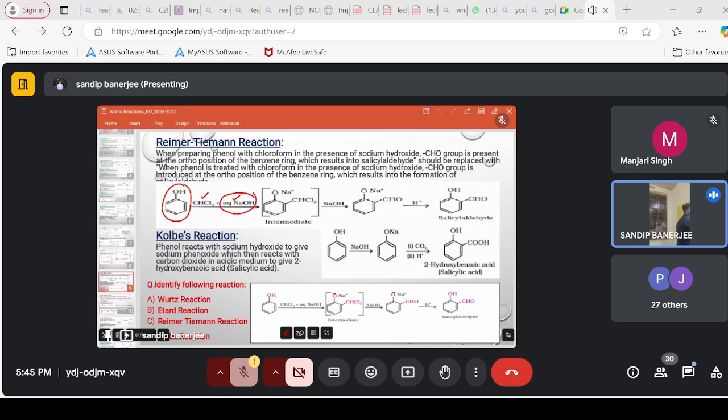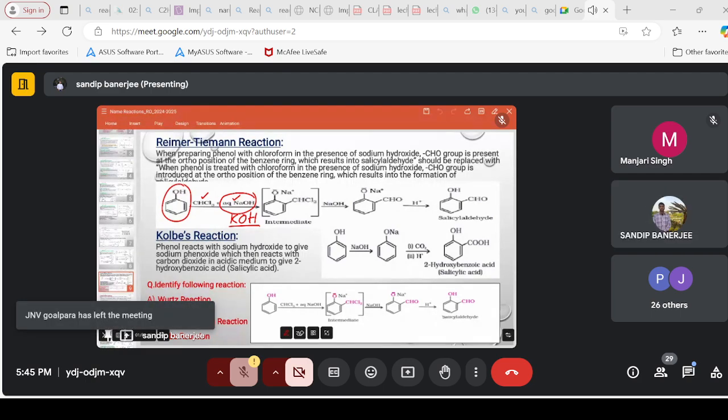You can even use KOH. If you give KOH, then the ortho product will not form. This is not included in your syllabus, and I am not discussing it. I am discussing only the reaction mentioned in your book. So in the Reimer-Tiemann reaction, the starting material is actually phenol.